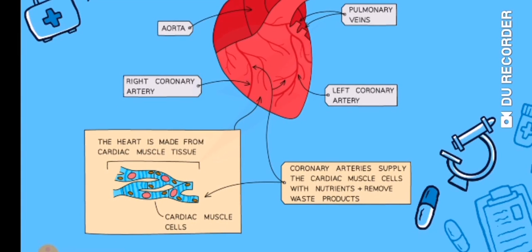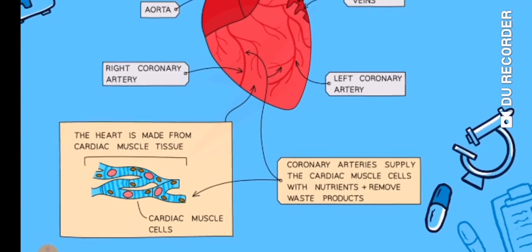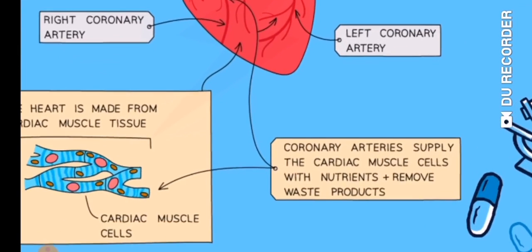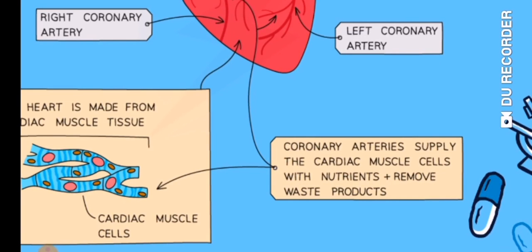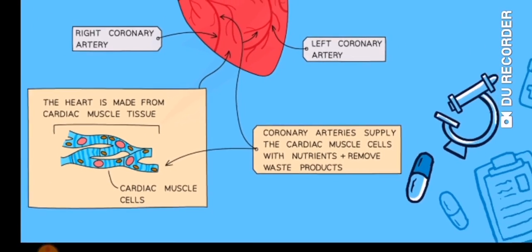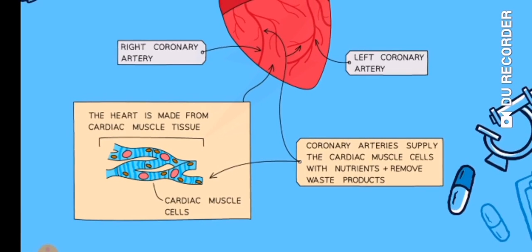The heart is made from cardiac muscle tissue, and we said cardiac muscle tissue can contract and relax without becoming fatigued. Okay, this is in the picture. We have cardiac muscle cells.